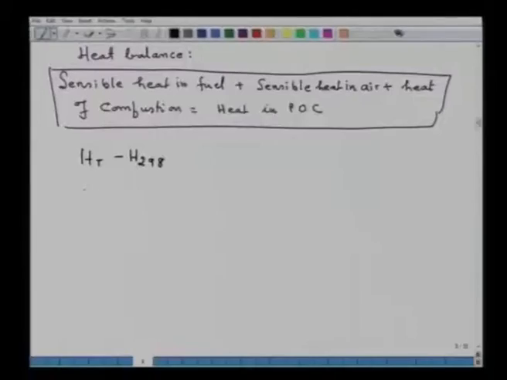I have listed some of the HT minus H298 values relevant for this problem. Since blast furnace gas is heated to 527, I write H800 minus H298 for CO, that is 3628 calorie per mole.